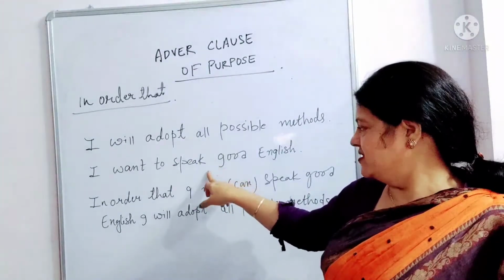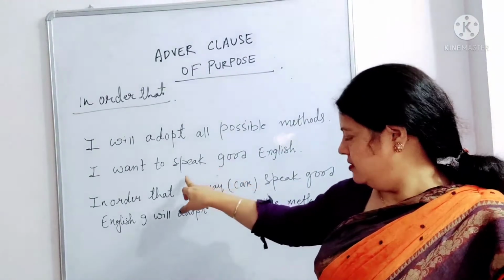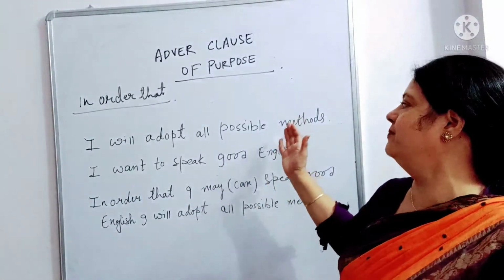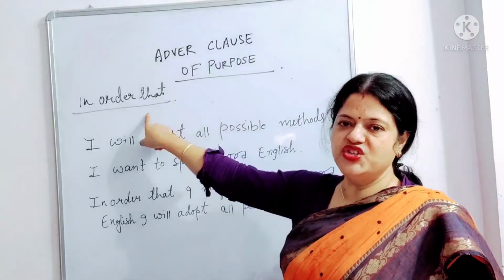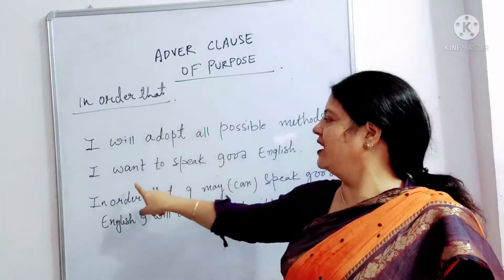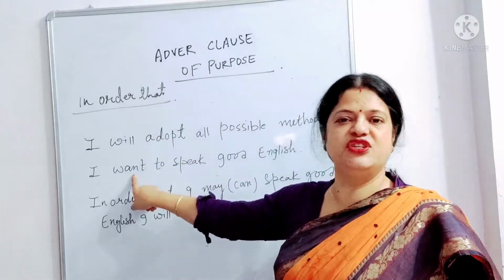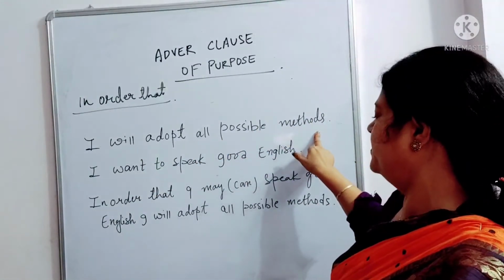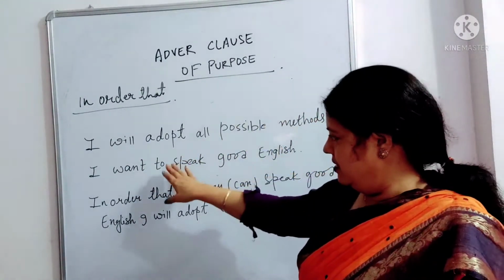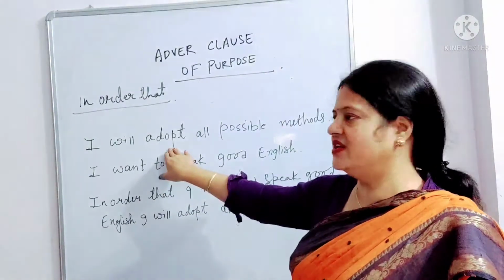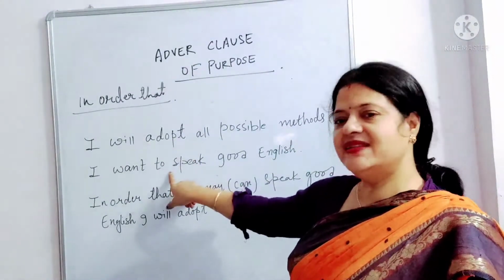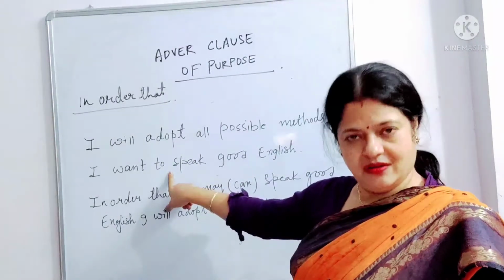Since this sentence is showing purpose, we will put the conjunction in order that in front of it. The first sentence will now become the principal clause, because the second sentence is showing purpose.